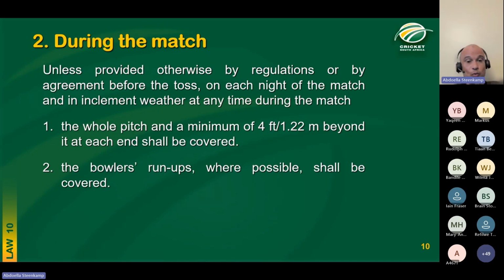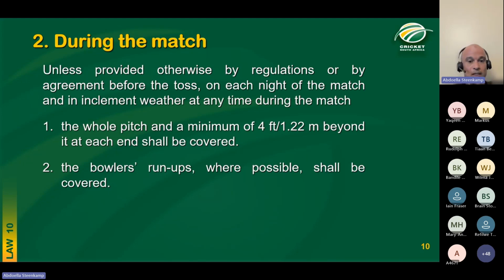So these two points are where the law gives us guidance: please cover the whole pitch and 1.22 meters beyond, and the bowlers' run-ups where possible. So please, overnight, cover the pitch. In inclement weather, i.e. rain, please cover the pitch. But this is now the law.